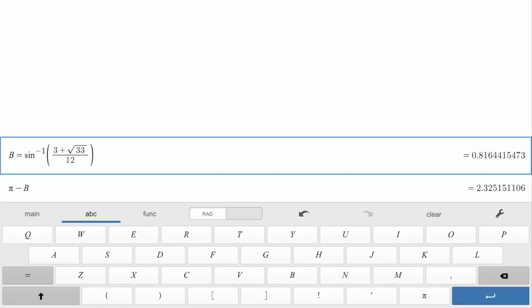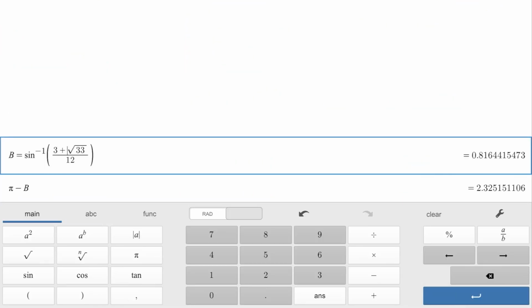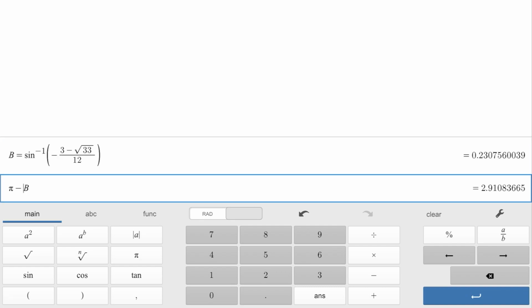So then I would just type those into my calculator. But now I'm just going to change this back here into the number that we got before. And so I got 0.2308, but now I want to do pi plus my angle right here, plus the b. So we get 3.37. That's my first answer.